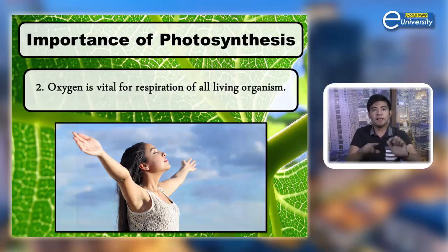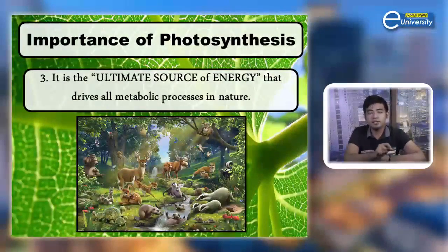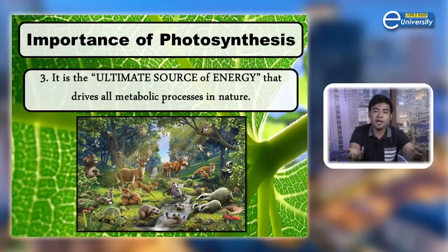And the third one, the last one, is that photosynthesis is the ultimate source of energy that drives all metabolic processes in nature. So as what I said earlier, glucose, which is the product of plants, is stored as a polysaccharide molecule called starch. So starch is the polysaccharide molecule that serves as the storage of energy of plants. So photosynthesis is the ultimate source.